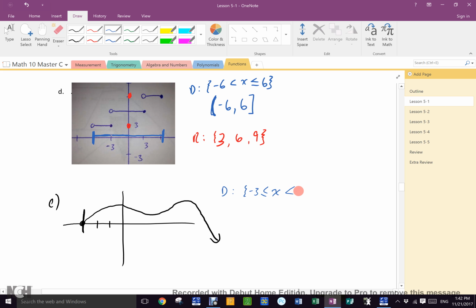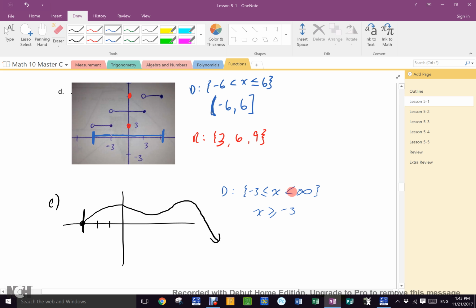No. So it is less than infinity. Squiggly bracket. Now this is where it gets a little bit tricky. There's another way to write this. X is greater than or equal to negative 3, because that covers everything. There's no end, right? Everybody with me?